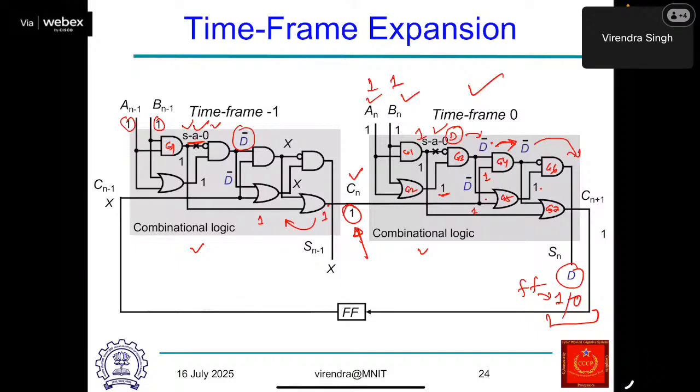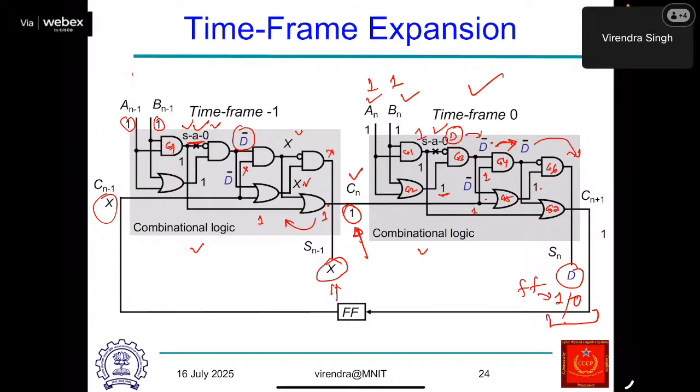This 1 will also come from here. Now from the flip flop I'm getting X value here. So X and this D bar will give me X over here, and so I will get this X as the output in the previous time period, and I'm getting the distinguishable output here.